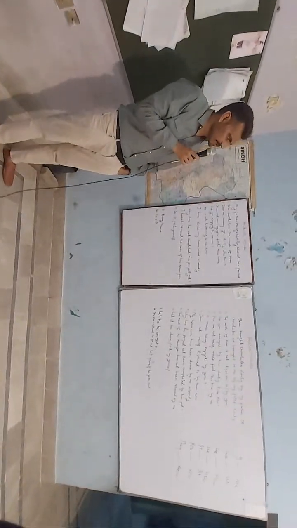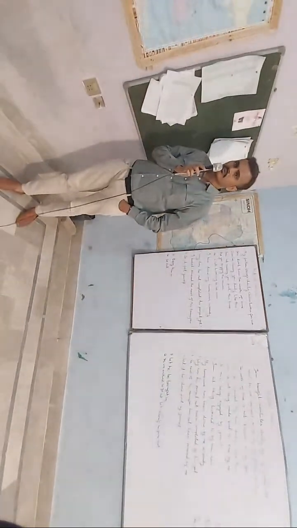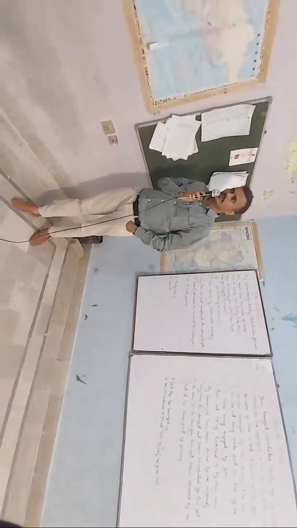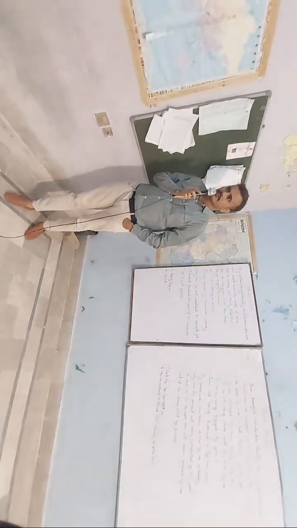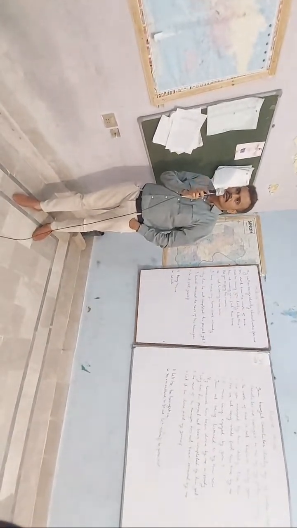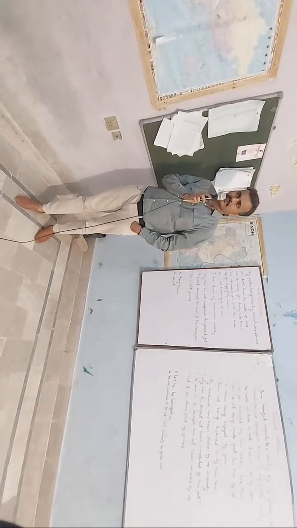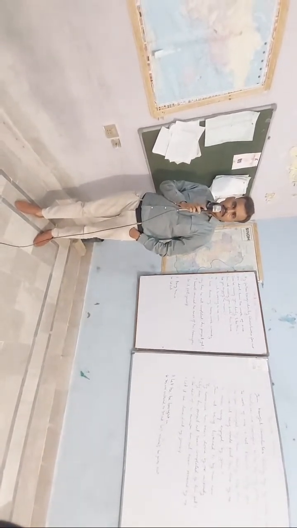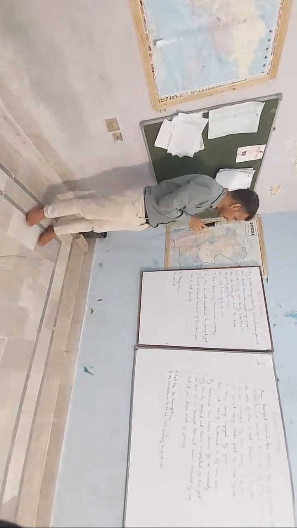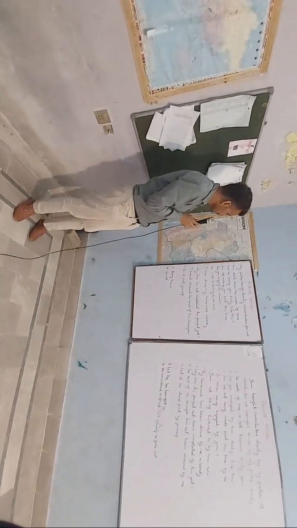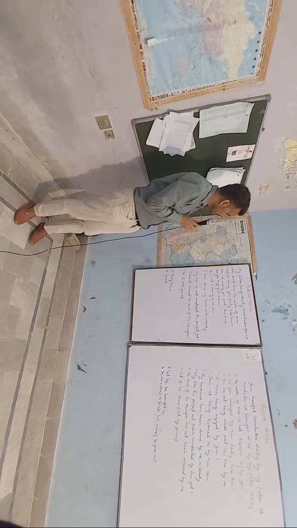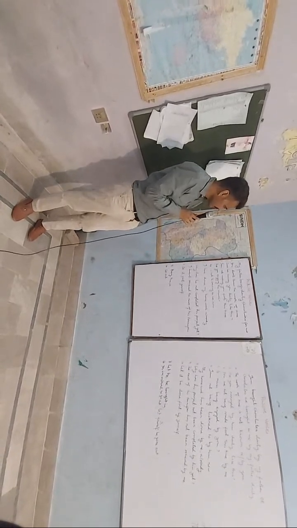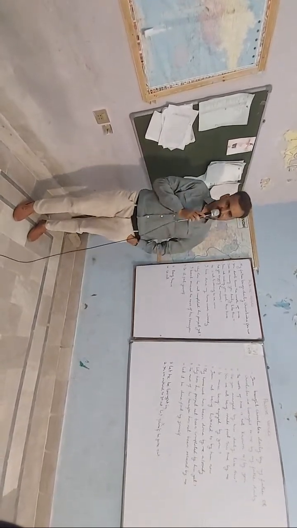So today I'll be telling you some very common and very general rules of active and passive voices, particularly how to convert a sentence from active to passive voice. Okay, so here 10 sentences are written, and they are mainly from present simple, present continuous, and present perfect tenses.